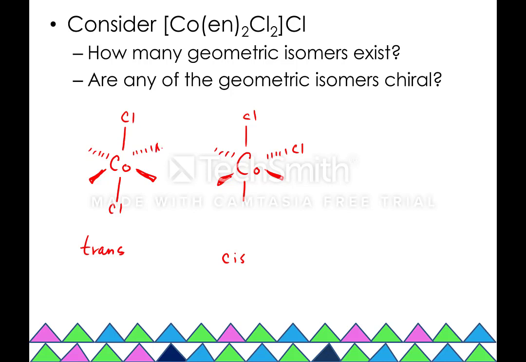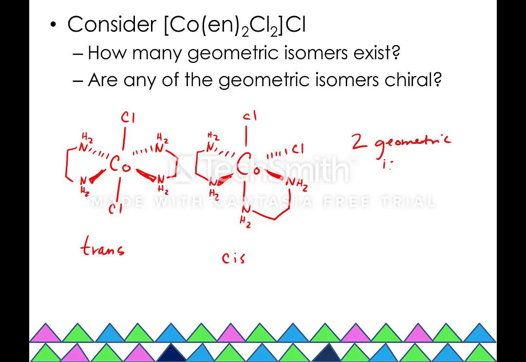So here our ethylene diamine are also trans, and here our ethylene diamine are cis. So we have both our trans and our cis geometric isomers. So we have two geometric isomers.